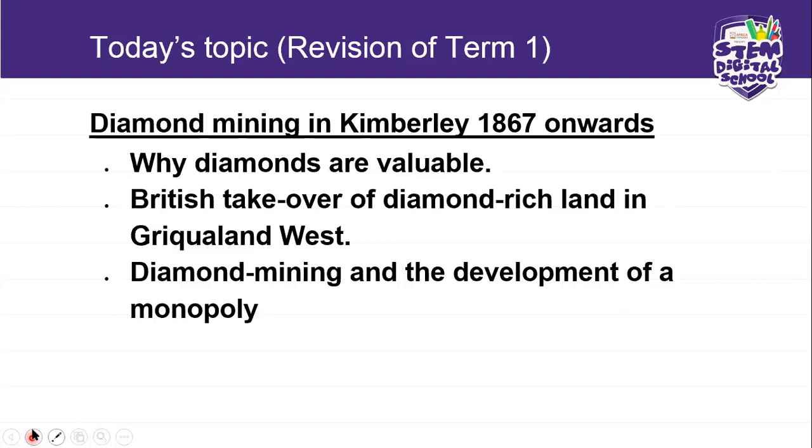We're going to look at 3 subtopics. Number 1, why diamonds are valuable. Number 2, British takeover of diamond-rich land in Griqualand West. Number 3, diamond mining and the development of a monopoly. So those are the topics that we're going to look at.